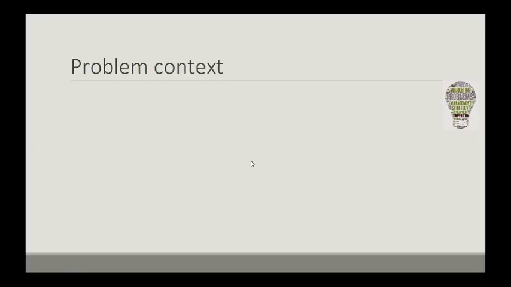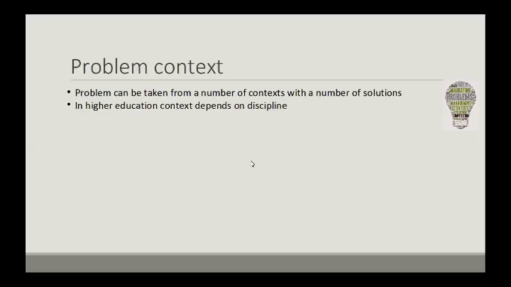The problem context. As mentioned previously, a problem can be taken from a number of different contexts with a number of different solutions. In problem-based learning, in higher education, the context is the objectives of the curriculum and developing a set of discipline-specific skills.